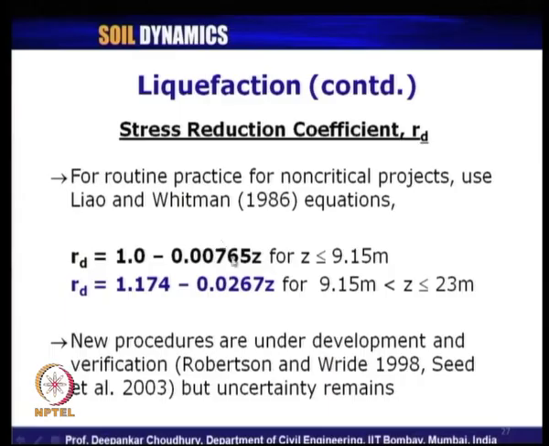Let us see that. For the stress reduction coefficient r_d for routine practice for non-critical projects, Liao and Whitman in 1986 proposed equations to compute the values of r_d. They proposed these two expressions, that is r_d equals 1 minus 0.00765 z, where z is the depth below ground surface in meter unit.